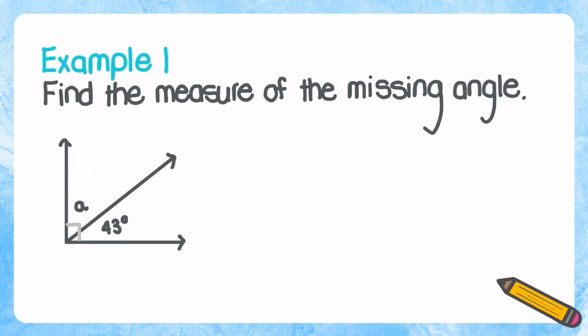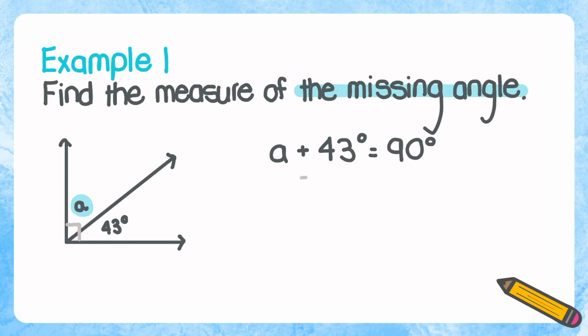Here's our first problem for this section. Find the measure of the missing angle. Notice how we have complementary angles, and I know this because we have the right angle symbol. So let's find the measure of the missing angle, which is this angle A. These two angles are complementary, so I know that A plus 43 degrees equals 90 degrees.